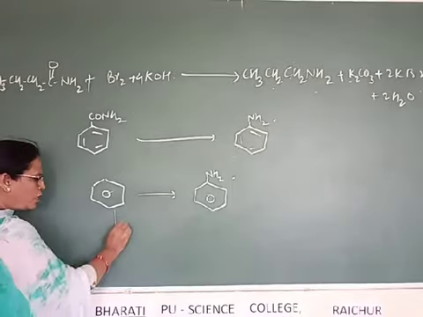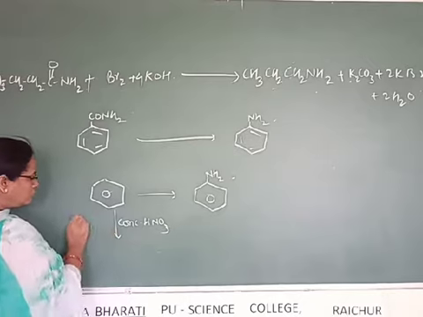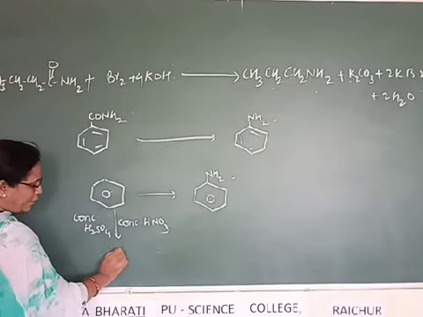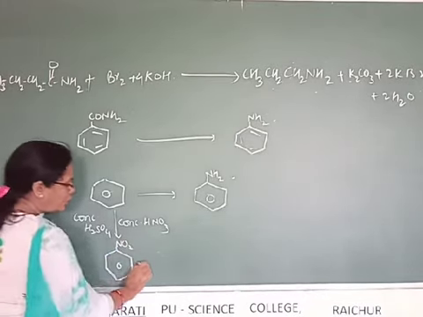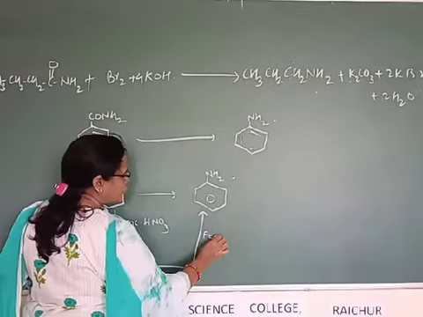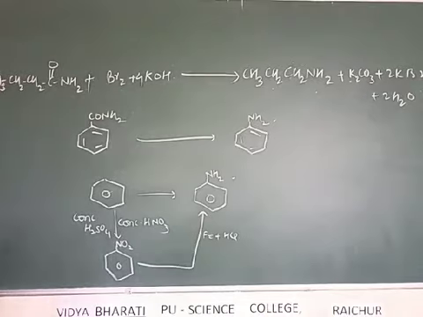So first of all, you do nitration. You will get nitrobenzene, and this nitro group you can convert into amino group with the help of reducing agents such as Fe/HCl or any other.